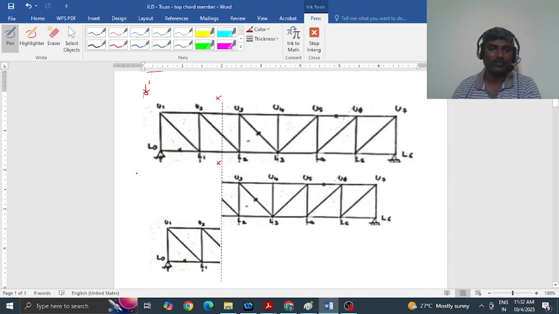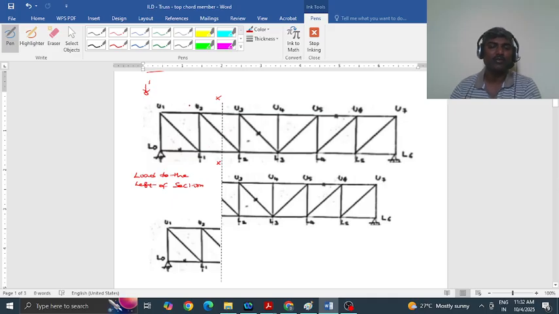So for instance, now you are taking the load to the left of the section. If you recall the method of sections, you will consider a section across the truss.